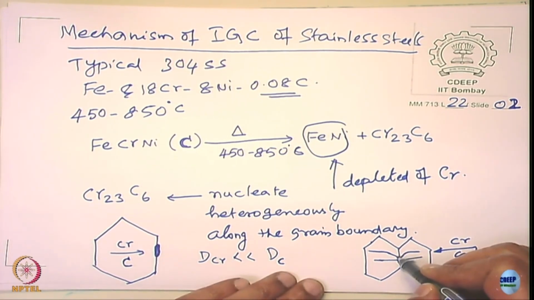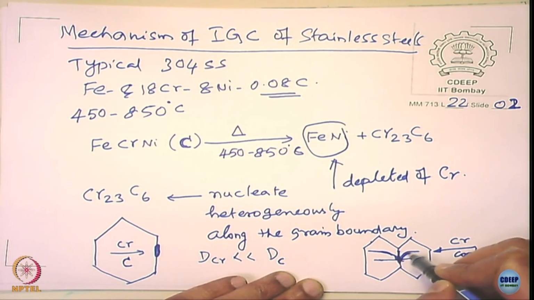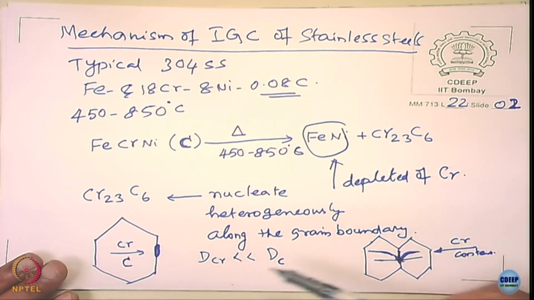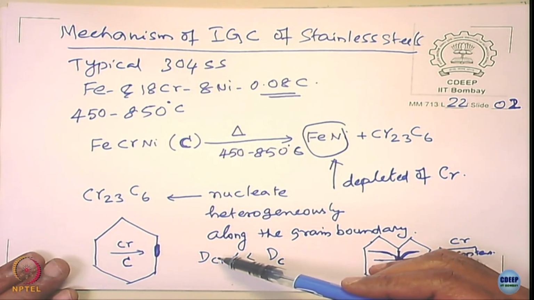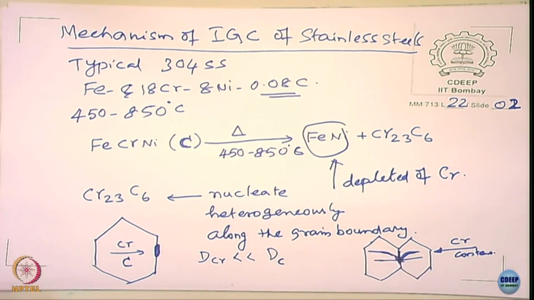It should be, in fact, it goes high here. Look at the chromium carbide, it has higher chromium. And so there is a huge depletion of chromium along the boundaries, because the diffusivity of chromium is lower compared to the diffusivity of the carbon.